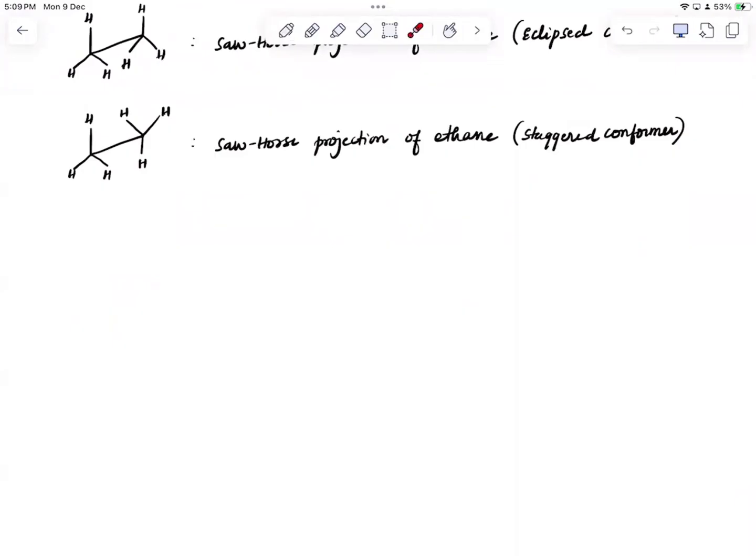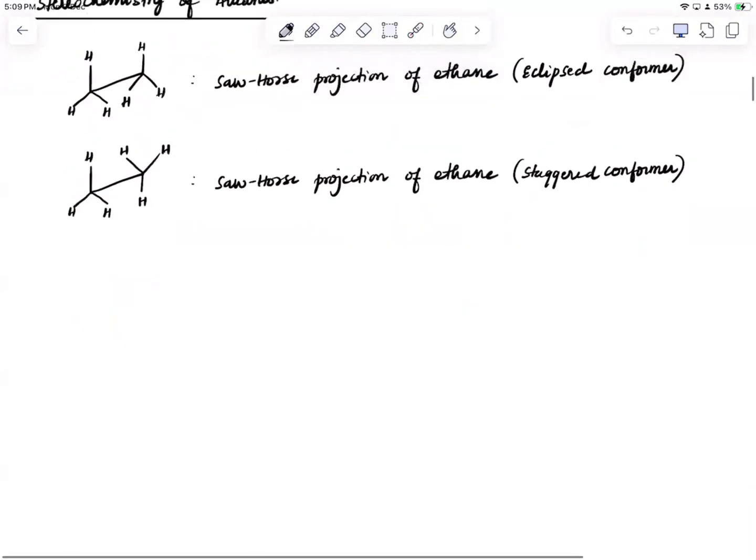Now you could make this projection into a top view of it. When you are writing it on paper like this, it is called a side view. It is like I have a molecule in front of me, watching from the side and taking a picture of it.